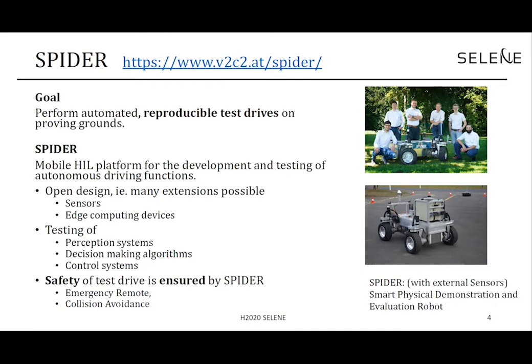Due to its open design, it's possible to extend the Spider with sensors, edge computing devices, or whatever you want to test entire perception systems, decision-making algorithms, or control systems. The main benefit of a system like the Spider is that the safety of the test drive is ensured by the Spider itself, due to its emergency remote control or its collision avoidance functions, and the test team using the Spider can focus on the task at hand.